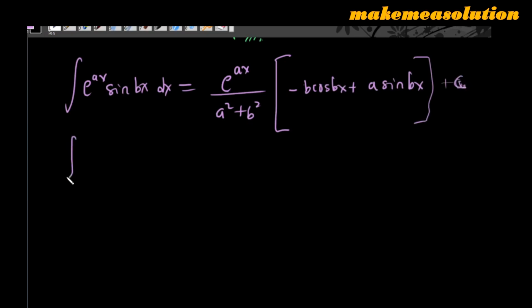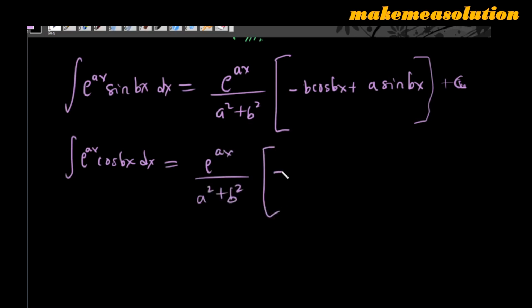So if you evaluate exponential ax cos bx dx, you're going to get exponential ax all over a square plus b square, and you now have, this time positive b sine bx plus a cos bx, something like this, and plus c. So these are reduction formulas for evaluating integrals of this form.